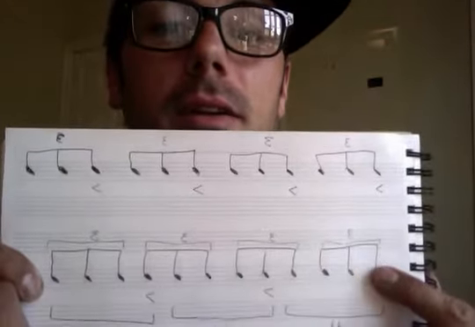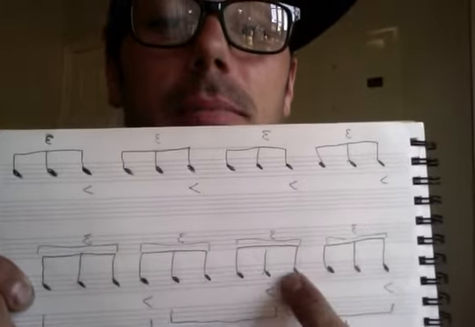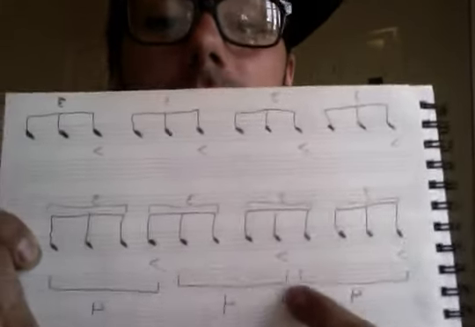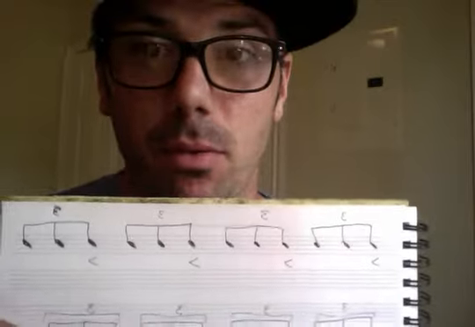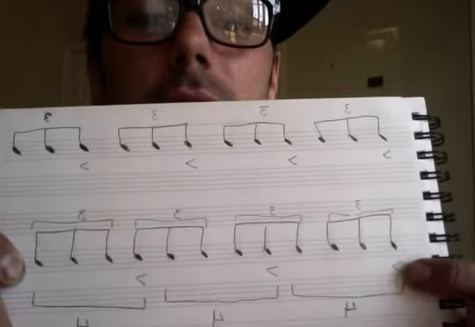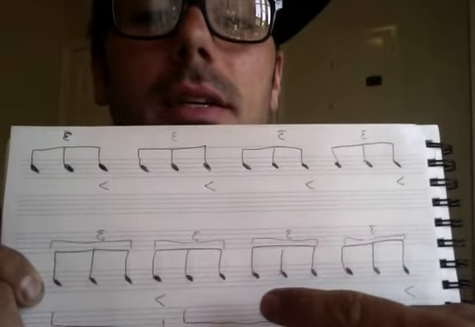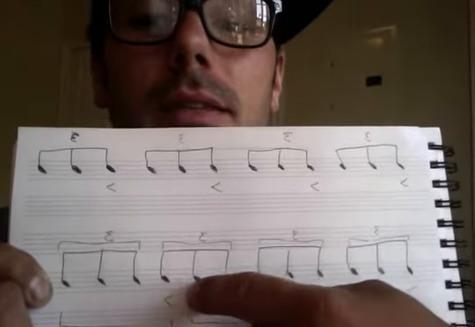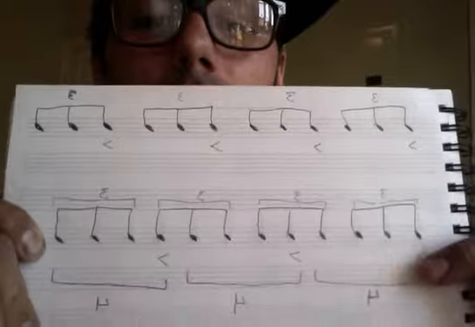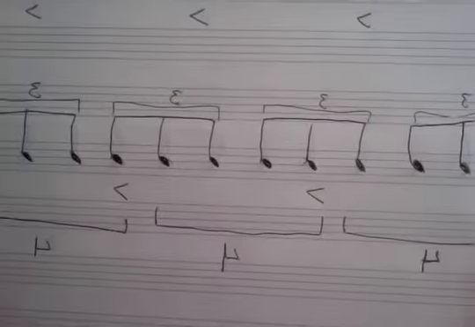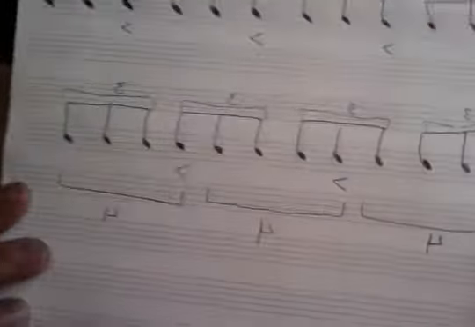So what I did here is I took the same triplet, but I put an accent every 4 notes. So you see down here, triplet, triplet, triplet, triplet. So I'll let you get a close view real quick.